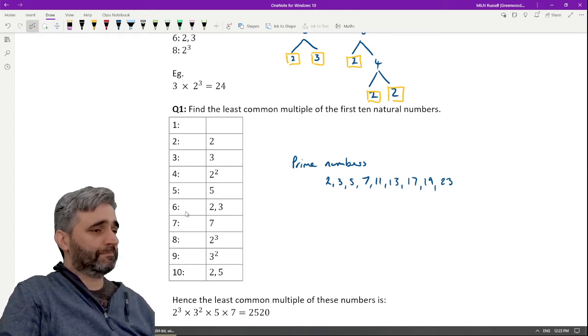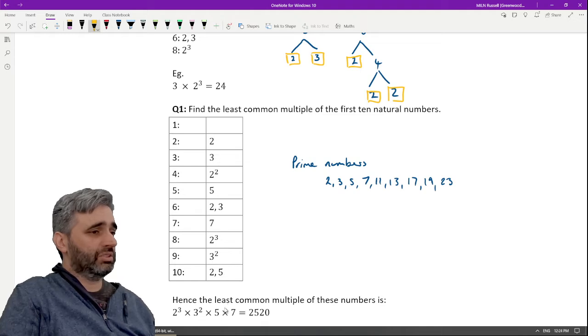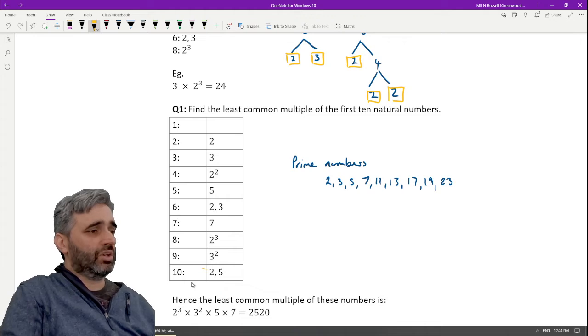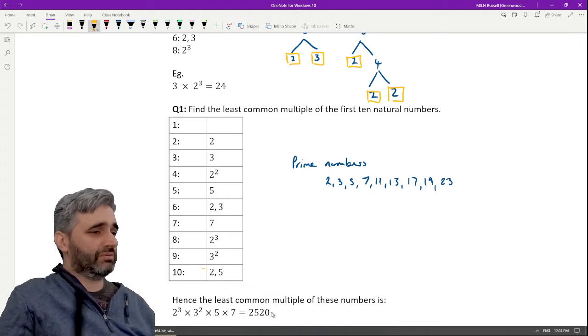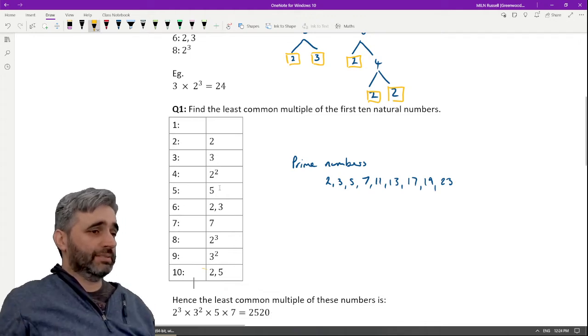Then the highest power of 3, which is 3 squared. For 5, the highest power is just 1, and the same with 7. Multiply all those together and we find the lowest common multiple of 1 to 10 is 2520. All of these numbers are factors of 2520 without remainder.